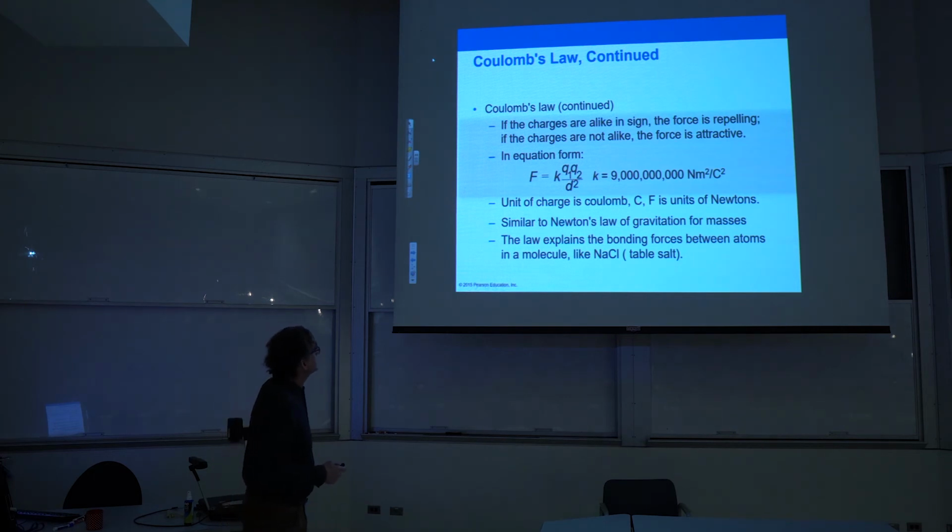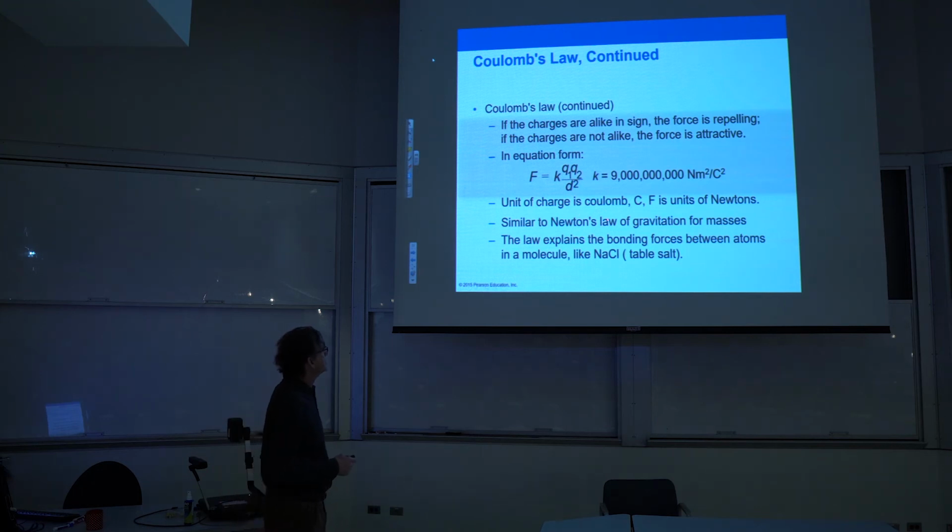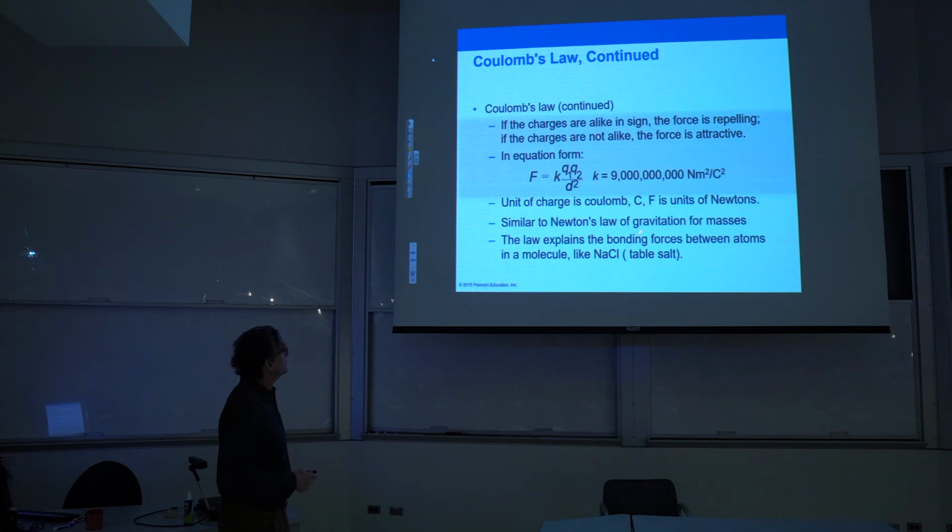And k is a value given in these units, which is 9 billion Newton meters squared per Coulomb squared. So if we measure the charge of an object in units of charge called coulombs, then we can correlate that with the force between two charges, knowing the charge on each one.